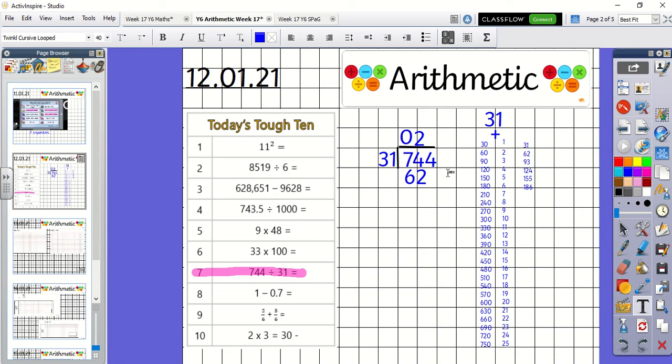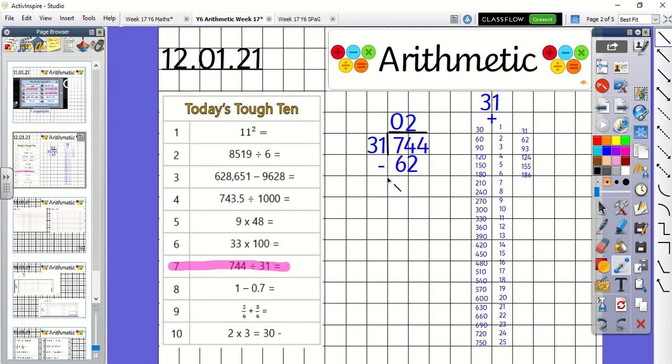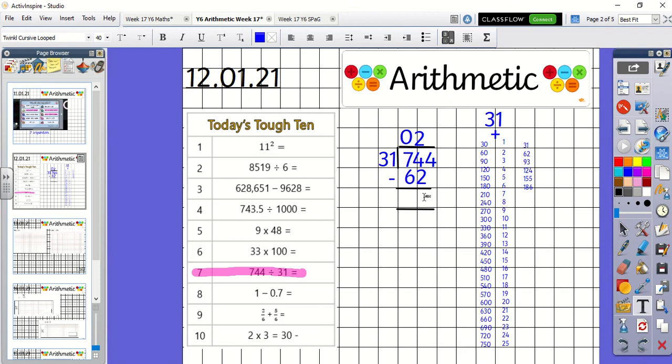Hopefully you should all remember how to do long division. So I'm going to subtract those 2 numbers. So 74 subtract 62. I'm going to put my equal sign there as well. So 4 subtract 2, I know the answer is 2.